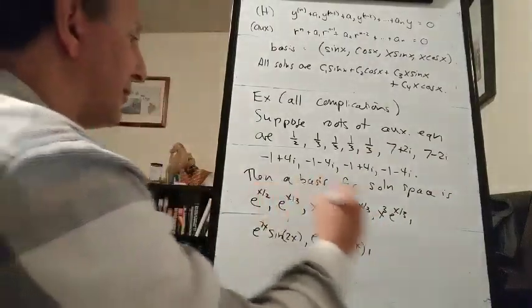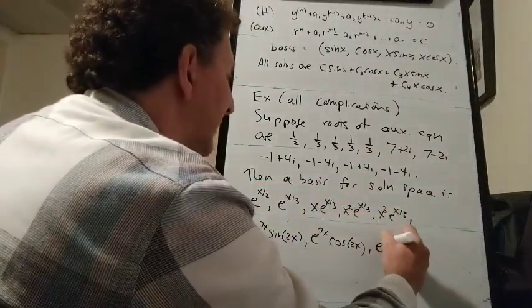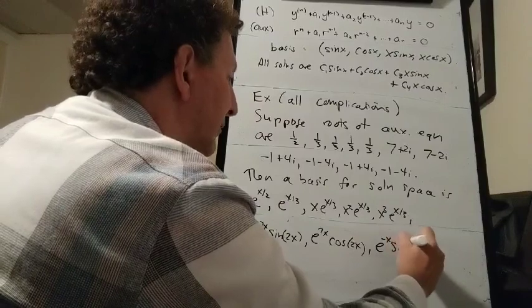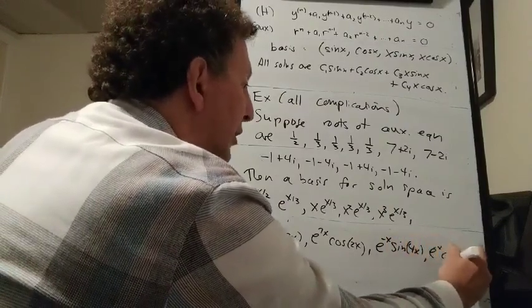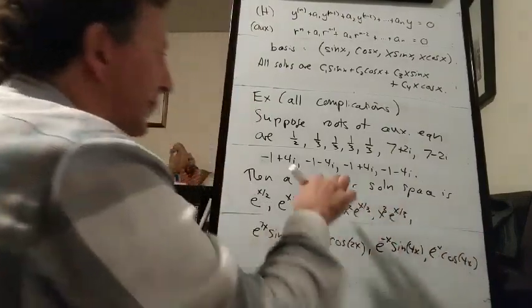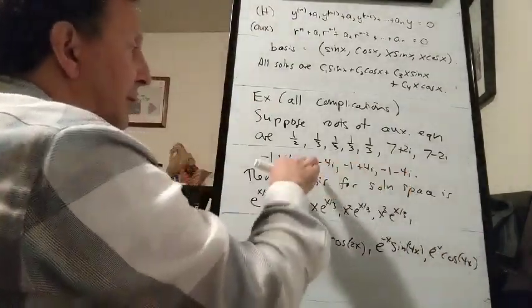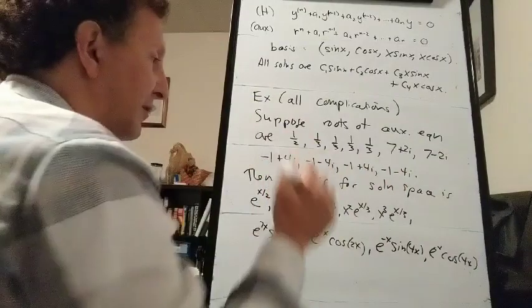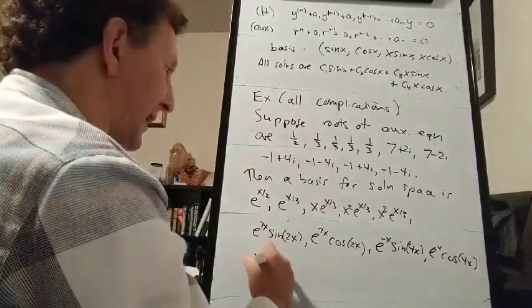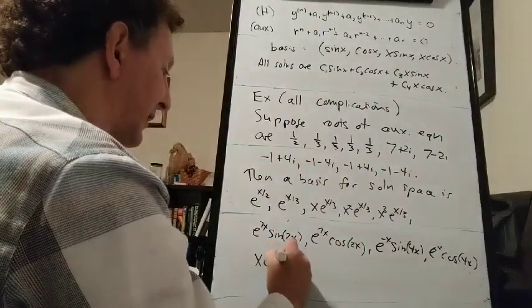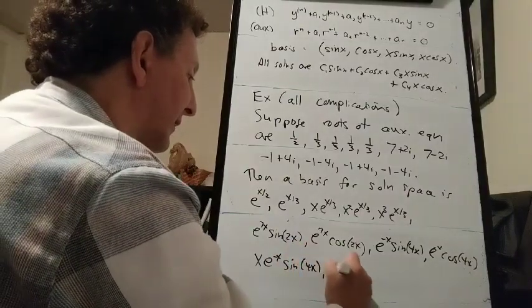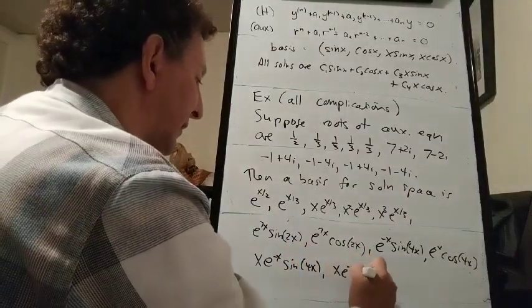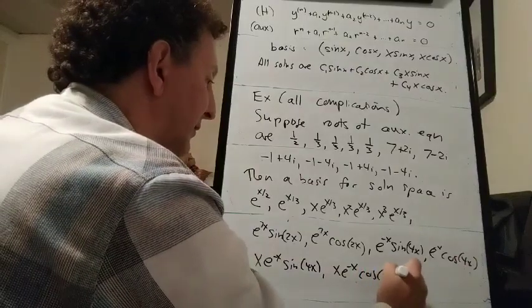And then we have e to the negative x sine of 4x, e to the negative x cosine of 4x, and then since these roots are repetitions of those, we have to multiply by x. So x e to the negative x sine 4x, and x e to the negative x cosine of 4x.